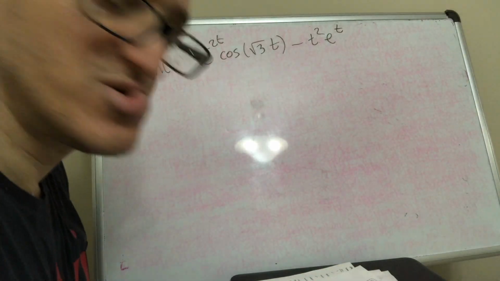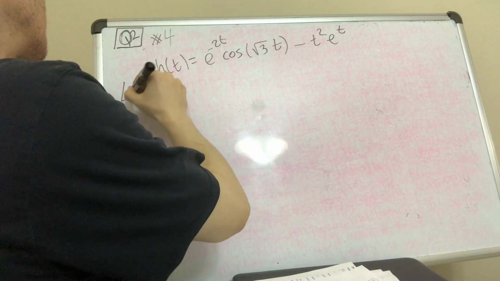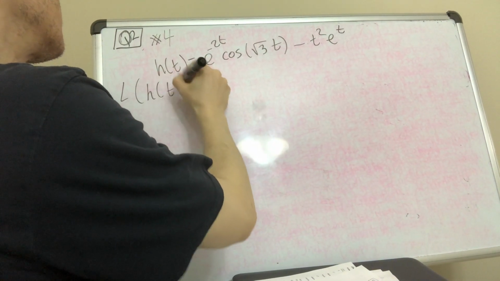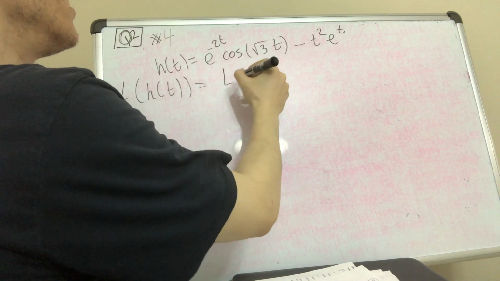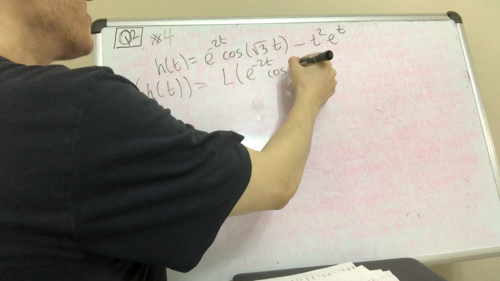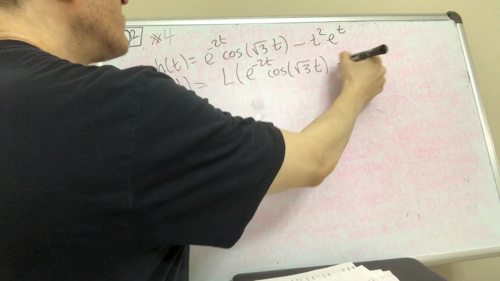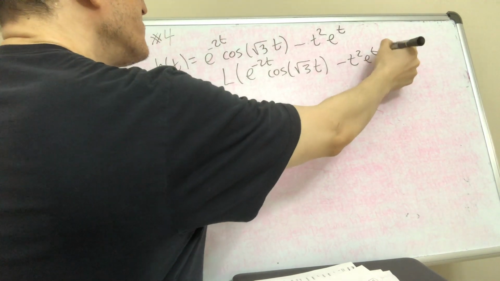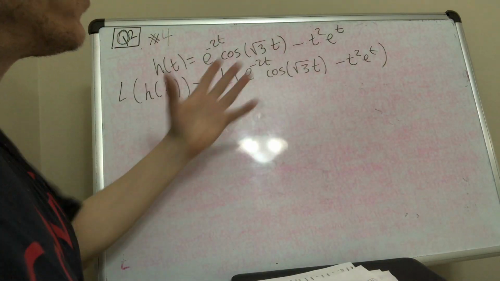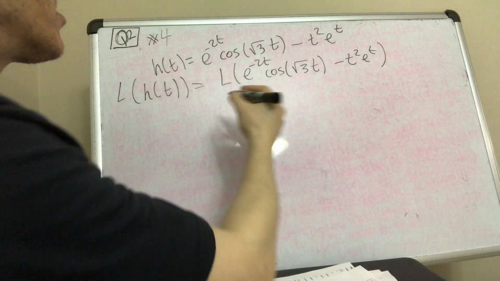And again, you're doing Laplace transformation. So the Laplace transformation for this would be the Laplace transformation for this one minus this one. As you know, when you have something minus something or plus something, you can do the distribution.